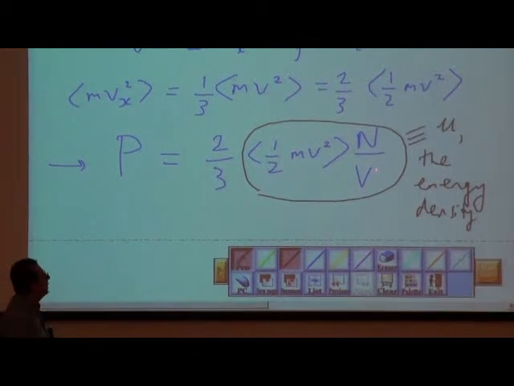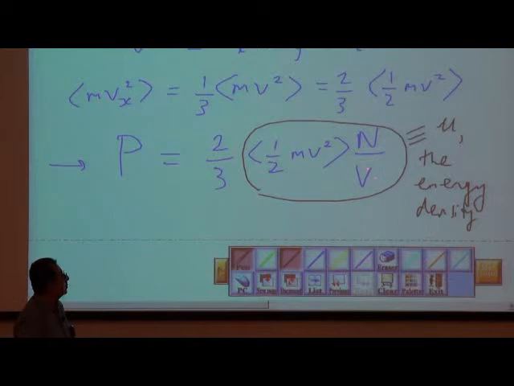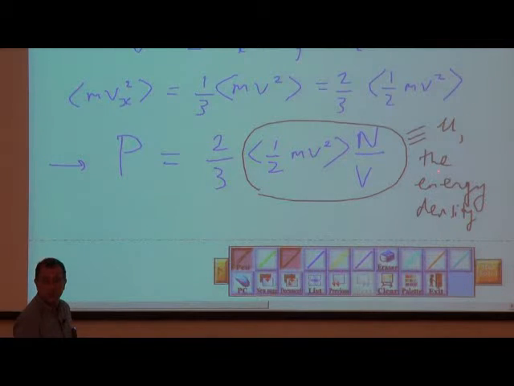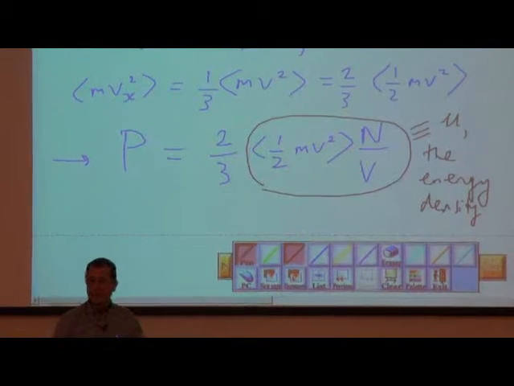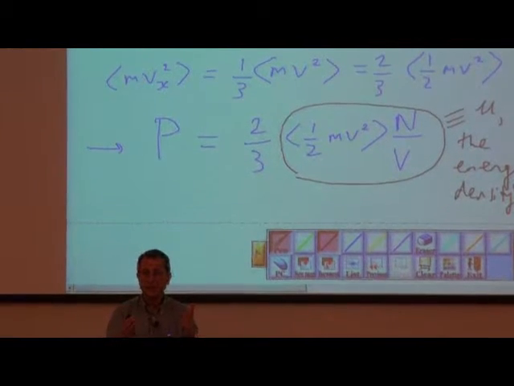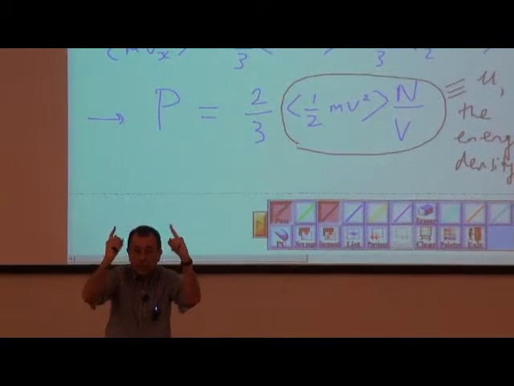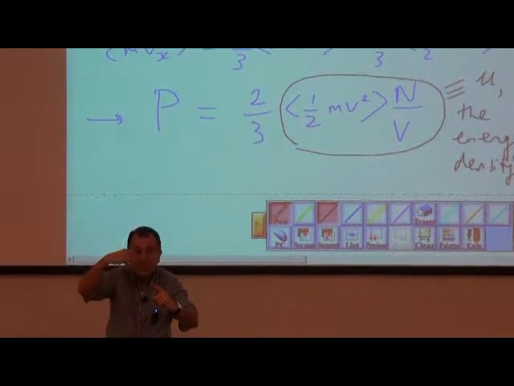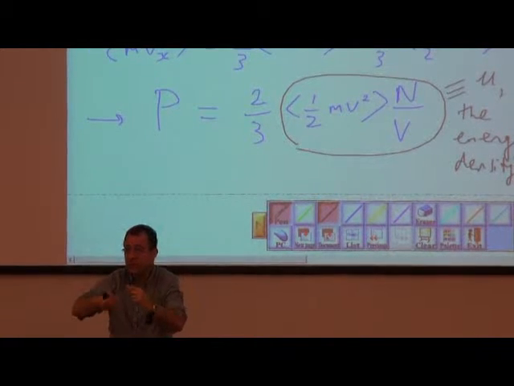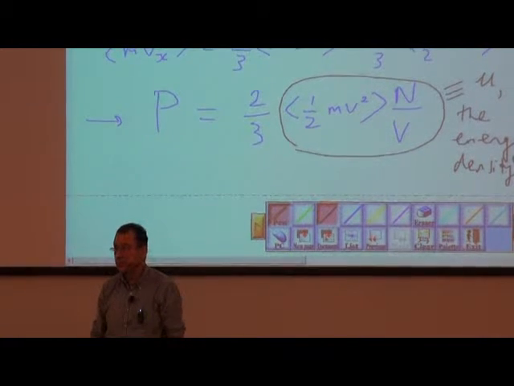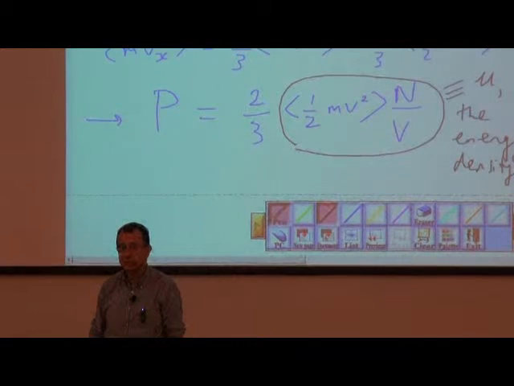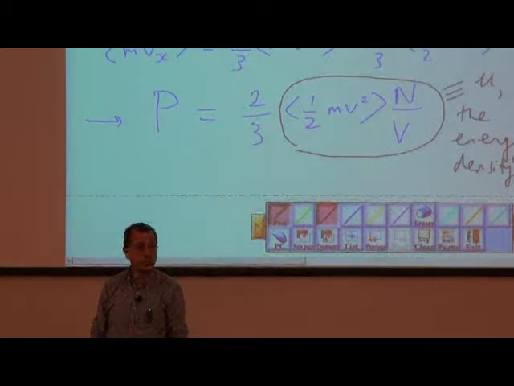If I have n molecules per meter cubed, and each of these n molecules has 1/2 mv square average kinetic energy, the average kinetic energy of the molecules times their number is the total kinetic energy of all the molecules in 1 meter cubed. So it's the density of energy, kinetic energy per unit volume. Is this clear? Any questions about this?